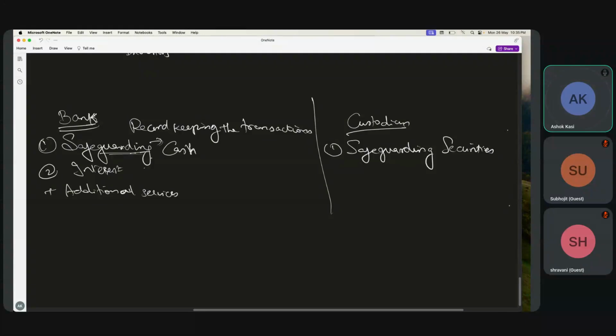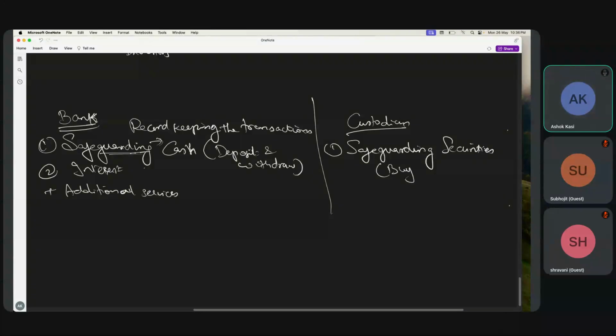That means safeguarding cash comes into the picture when we are depositing and withdrawing, deposit and withdrawal. And here the custodian is doing the work of safeguarding securities, and here it is buy and sell.